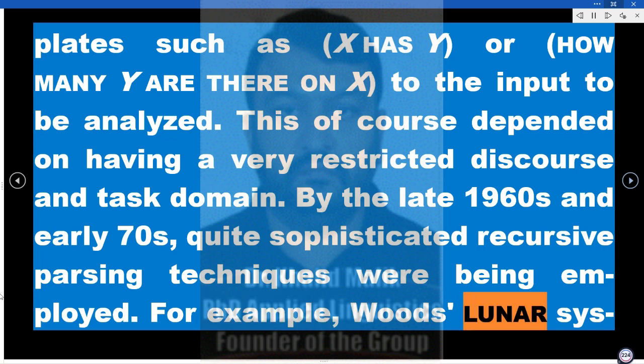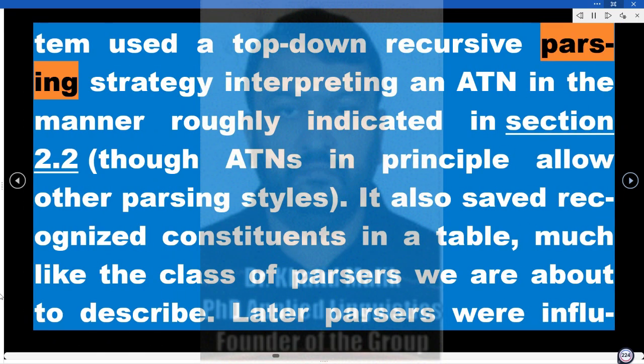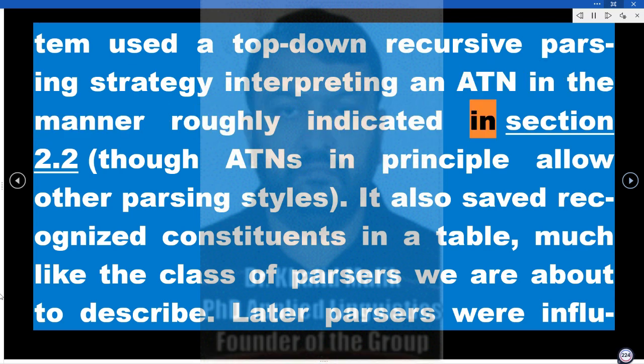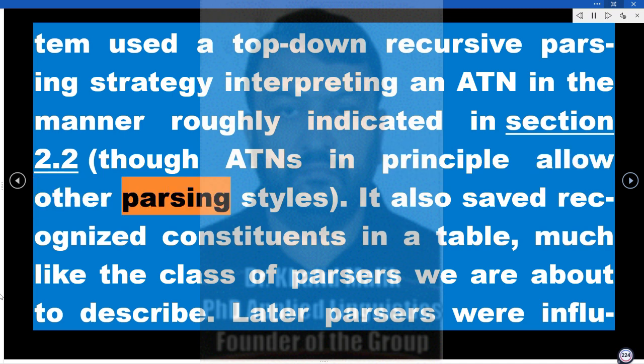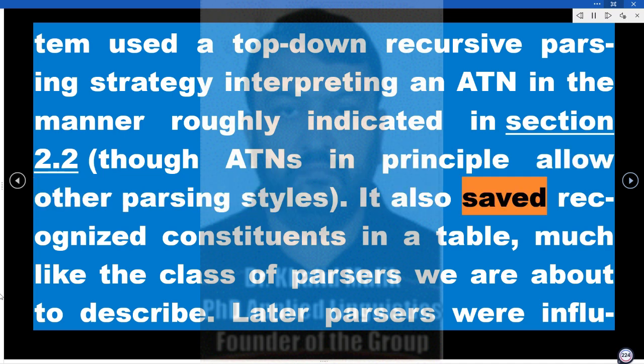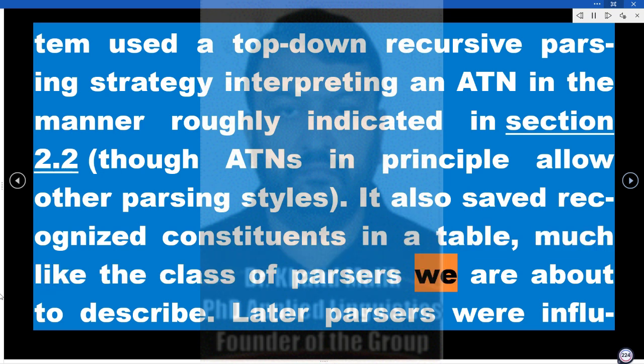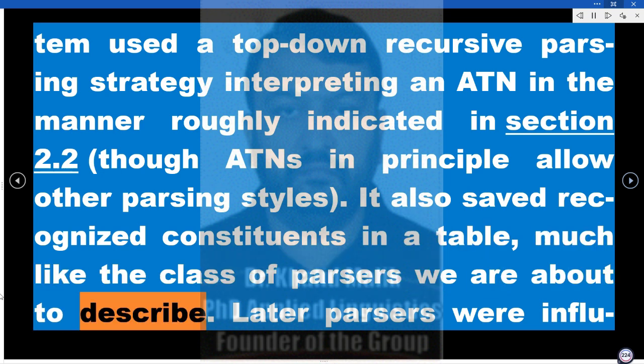For example, Woods' LUNAR system used a top-down recursive parsing strategy interpreting an ATN in the manner roughly indicated in section 2.2, though ATNs in principle allow other parsing styles. It also saved recognized constituents in a table, much like the class of parsers we are about to describe.